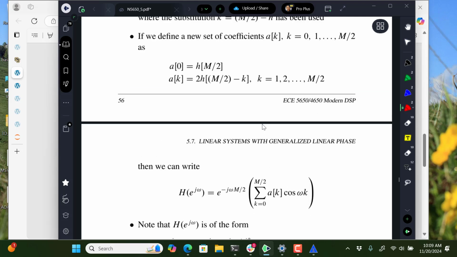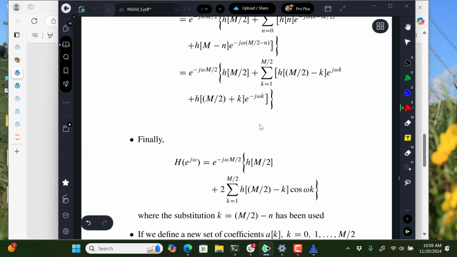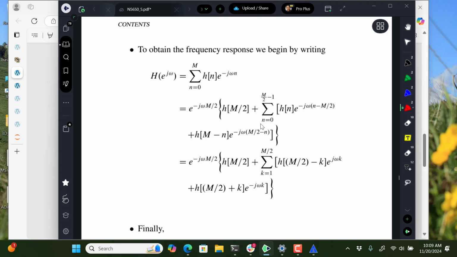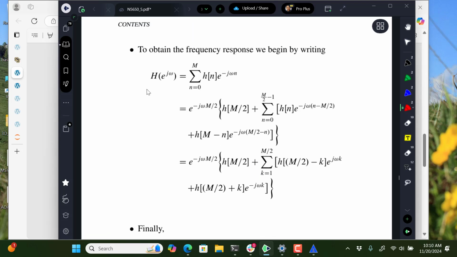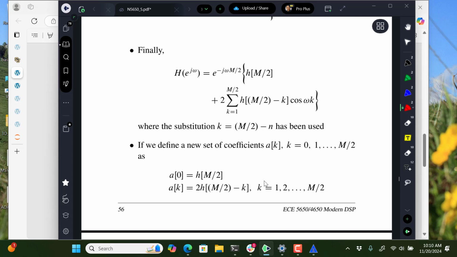And the math that I have in here is just showing you that it comes down to that generalized linear phase form. When you take a type 1 and look at the frequency response, plug in the symmetry factor, you end up with something like this, and this is what generalized linear phase boils down to for all these 4 types.